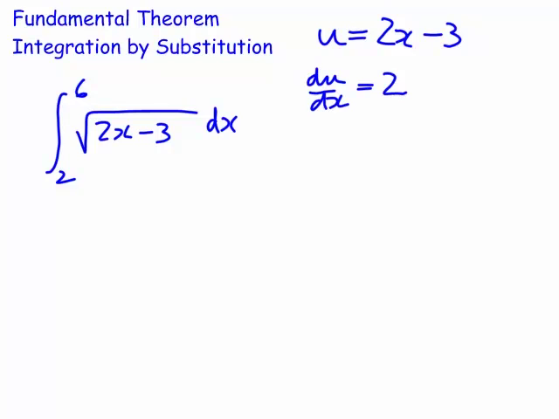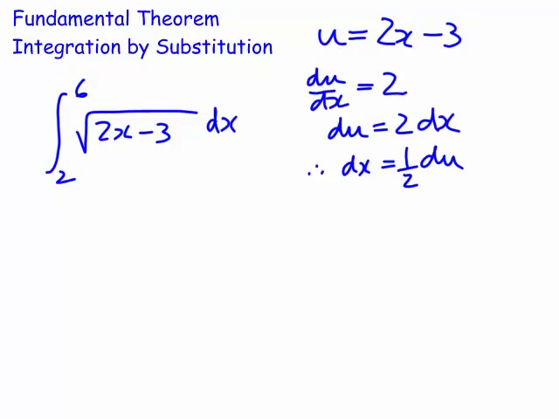But in the meantime, let's get an expression for dx. What I normally do is multiply both sides by dx and get du is equal to 2 dx. We want an expression for dx, so dx is actually a half of du.